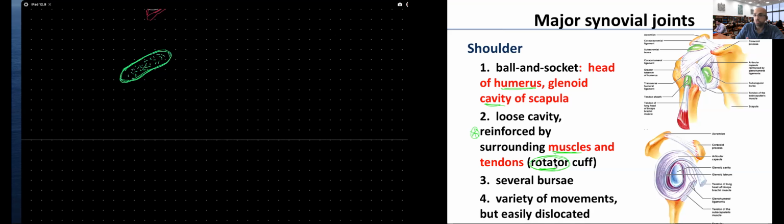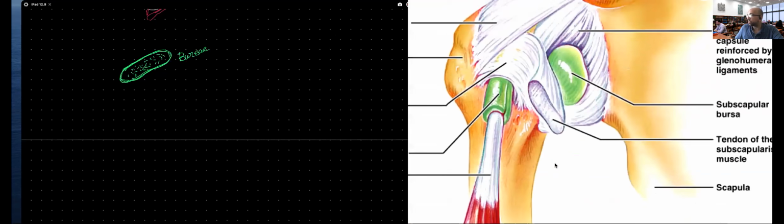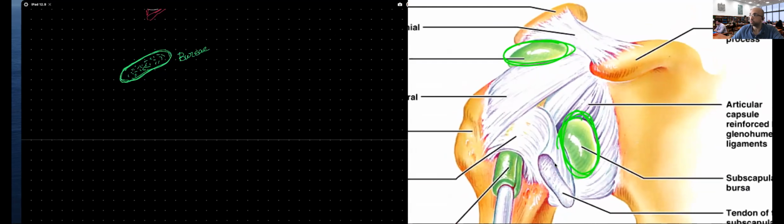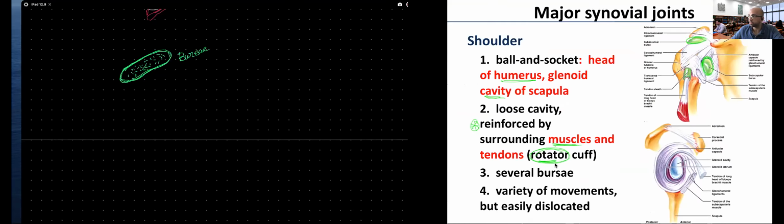What do we call those sacs filled with fluid located between the tendons, ligaments, and the articulating bones? Those are my bursae. So if you're looking here at the shoulder joint, you're going to have many bursae located between the ligaments, tendons, and the bones to reduce the friction and to reduce the irritation applied to the tendons and ligaments in this joint.